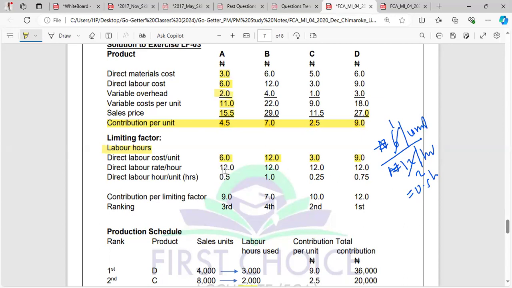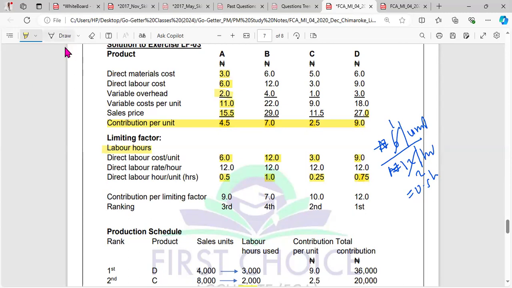So after doing this, your limiting factor per unit is 30 minutes for 1 unit, 1 hour for 1 unit, 15 minutes for 1 unit, 45 minutes for 1 unit. Now you need to do your contribution per limiting factor. So what that means is this: you have your contribution per unit here.